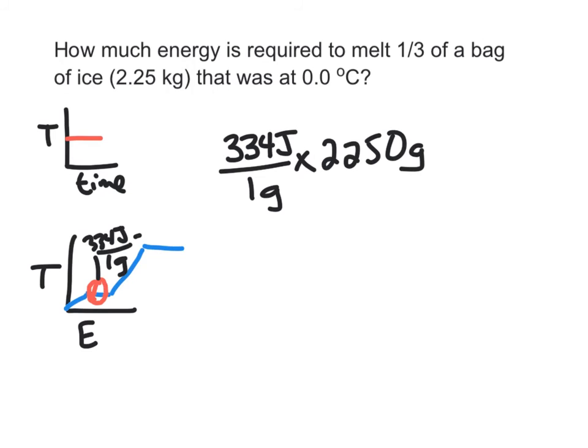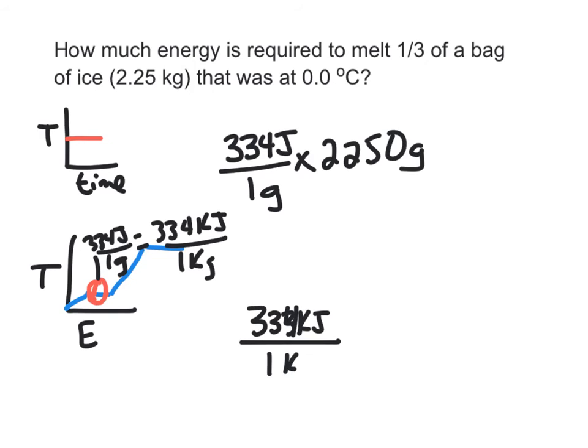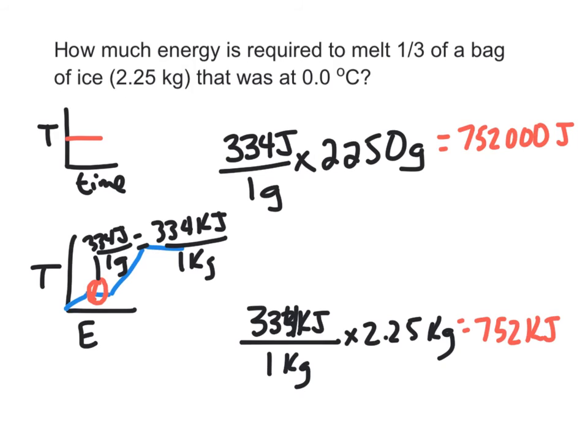You could think of this as 334 kilojoules for every 1 kilogram, and you would multiply that by 2.25 kilograms. So I've calculated both of these out because the kilograms cancel here, the grams cancel there.